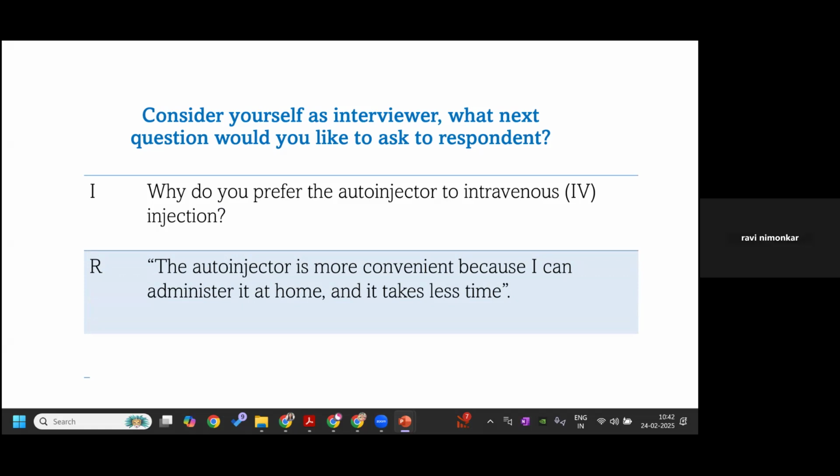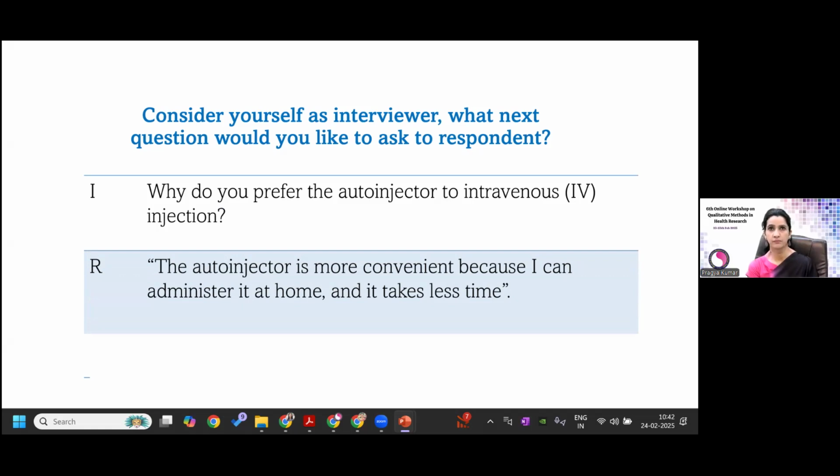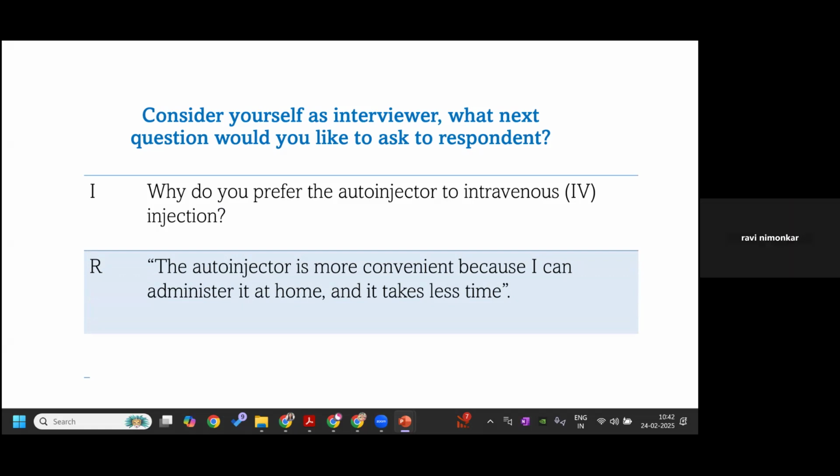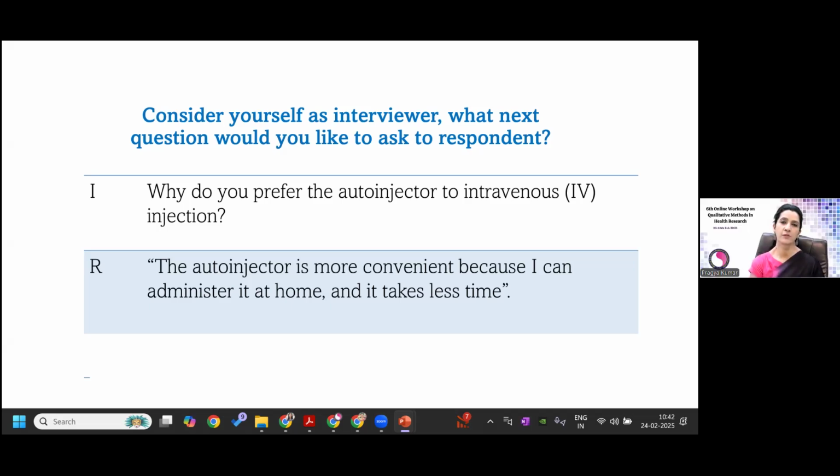What are the difficulties you face using the intravenous injection? Yes. What inconvenience does it cause? And it also says less time, so what do you mean by less time? Yes, perfect. So you have said everything, Dr. Ravi. Thank you. So this is the way you should probe.